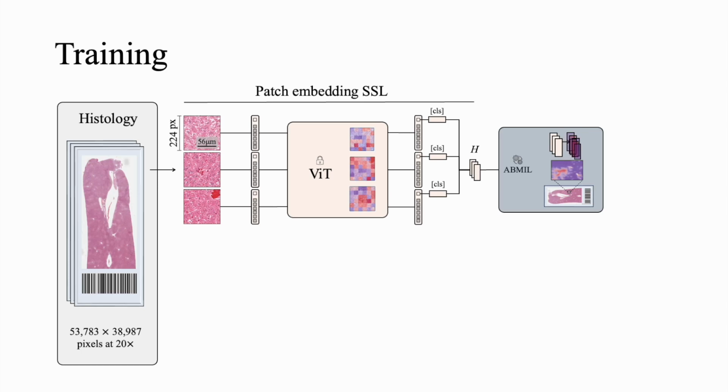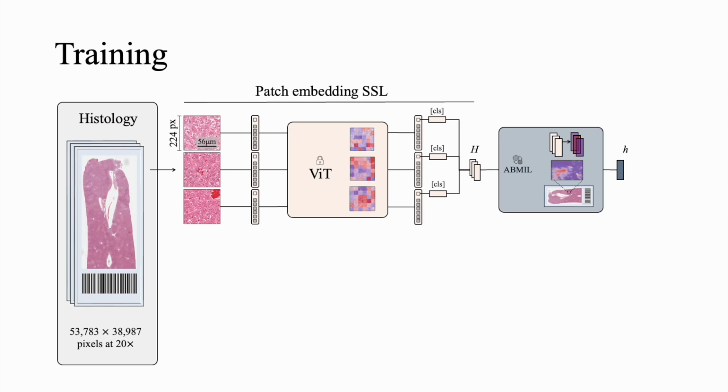This can be used as a summarization, as I said, and we output, therefore, our slide embedding. So we end up with a single numerical vector, which includes information from the whole slide image.